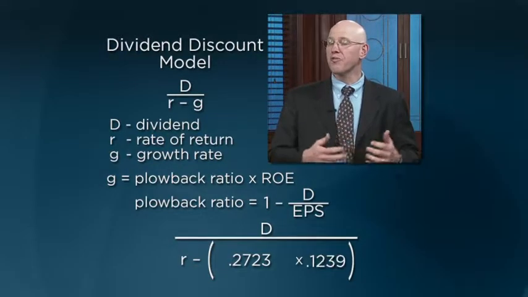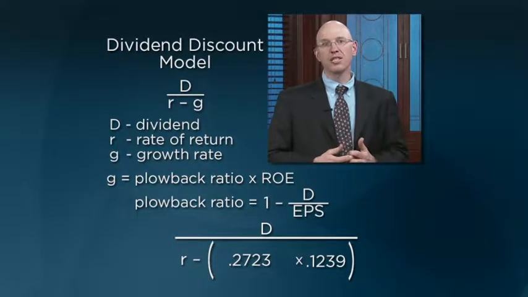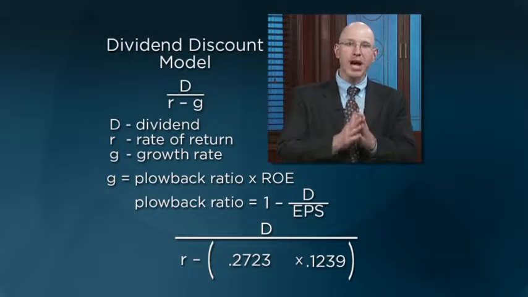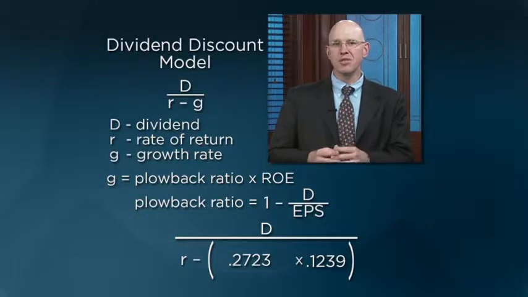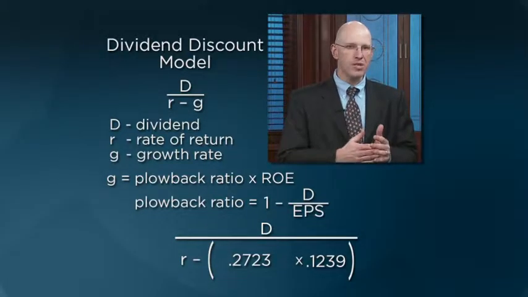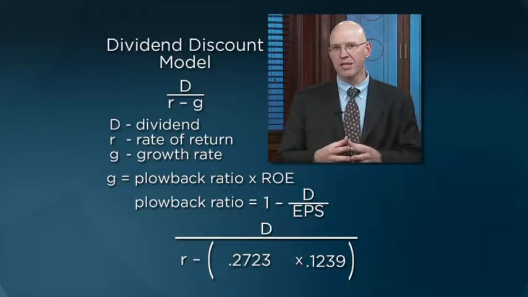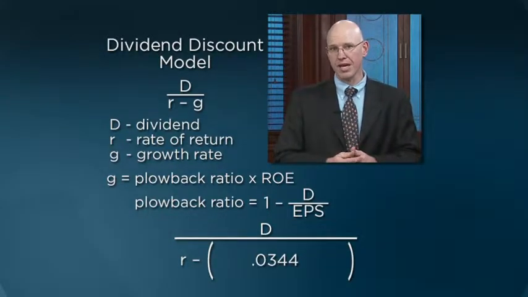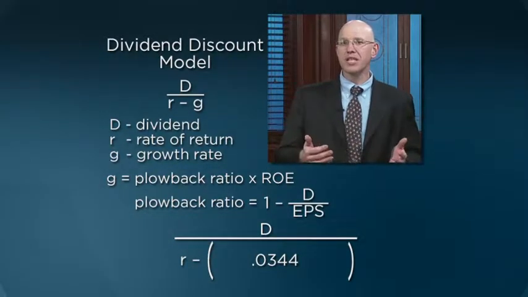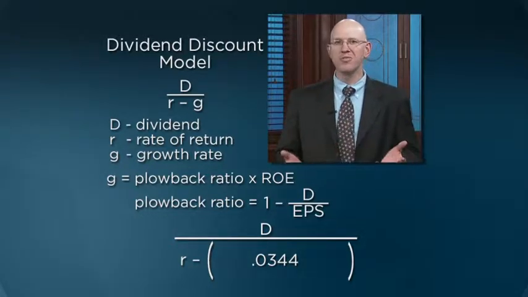The ROE was 12.39%. So when I take the plowback ratio times ROE, I find that the estimate of G is 0.2723 times 0.1239, which gives 3.44%. This gives an even lower estimate of price than the other two methods.